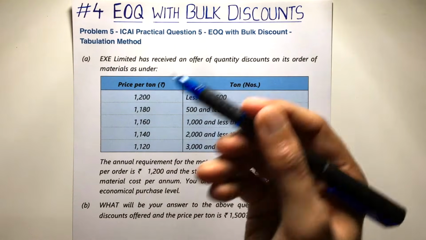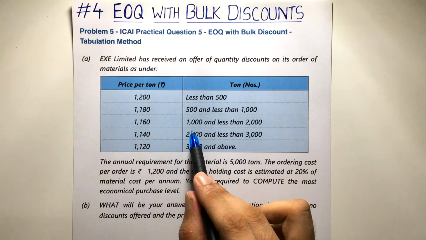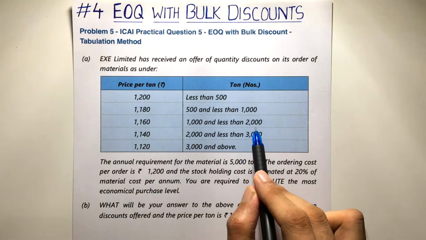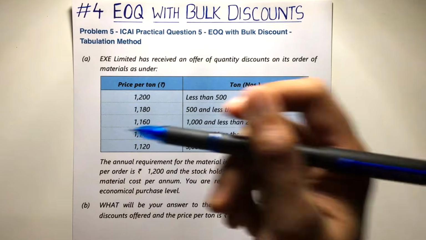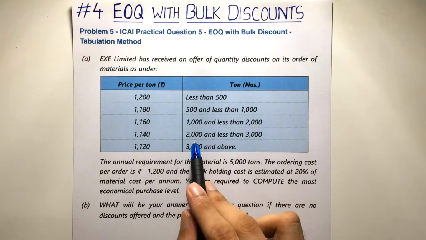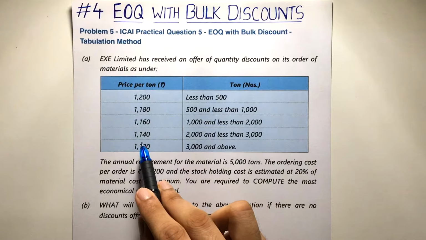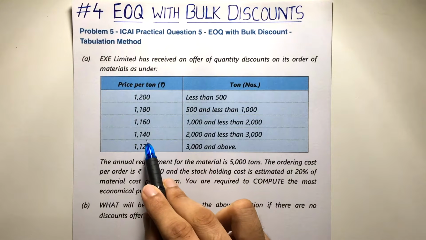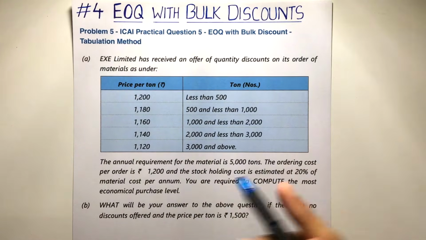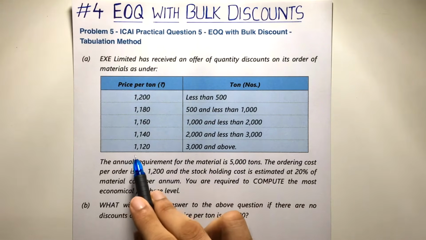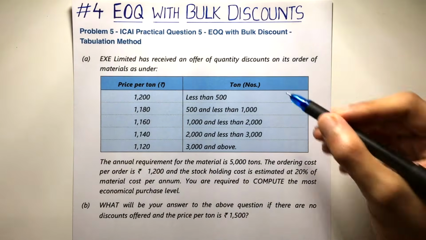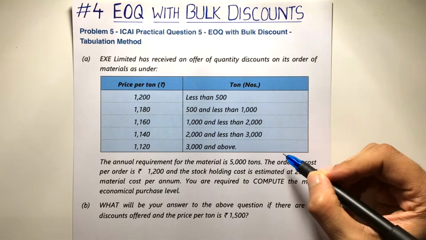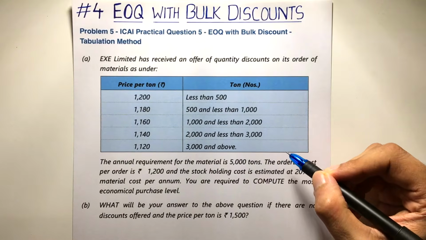Price has been reduced by 20. And then see the third level, 1000 and less than 2000, then we are getting a price of 1160. Again the price is reduced by 20. 2000 and less than 3000, again reduced by 20, 1140. So you see, these are the different levels we have. 3000 and above, 1120, again 20 rupees reduction. So these are the different discount bands we have been offered by our supplier.